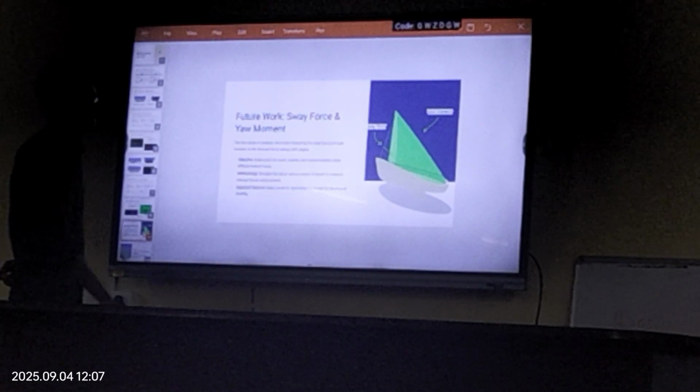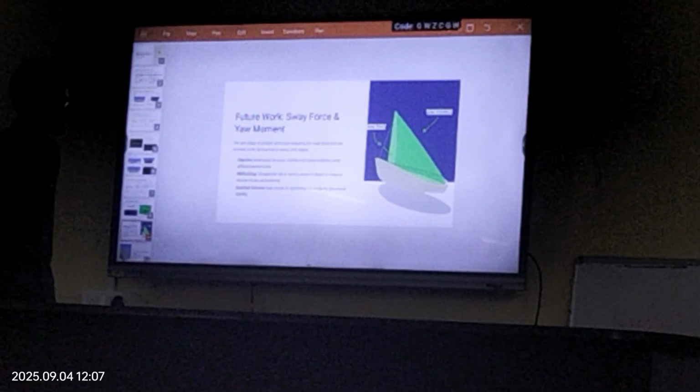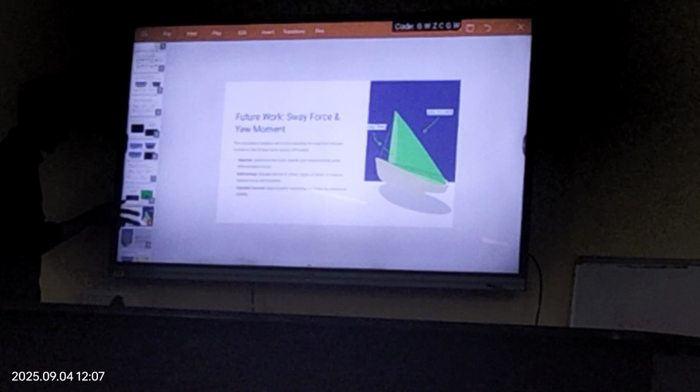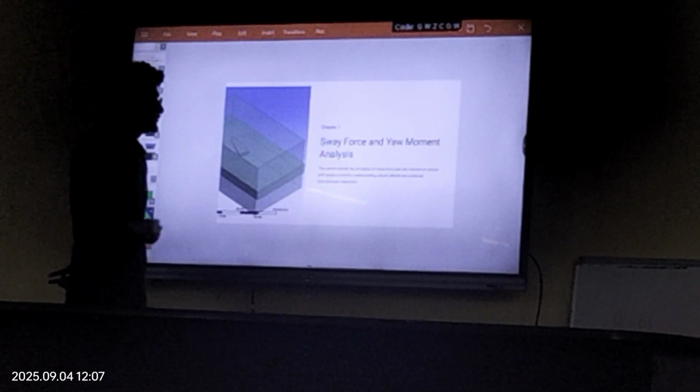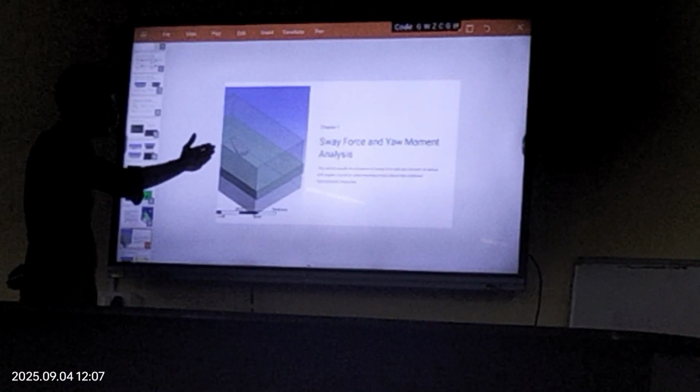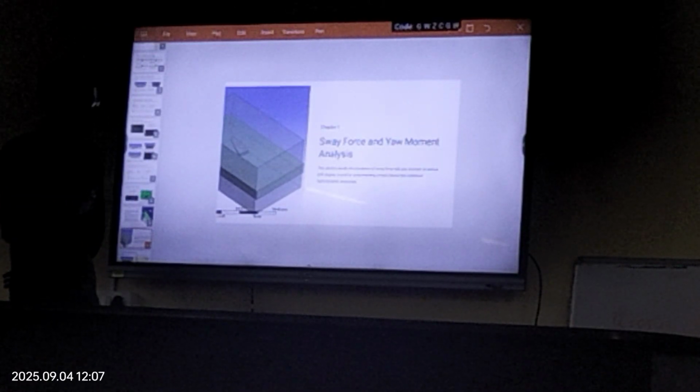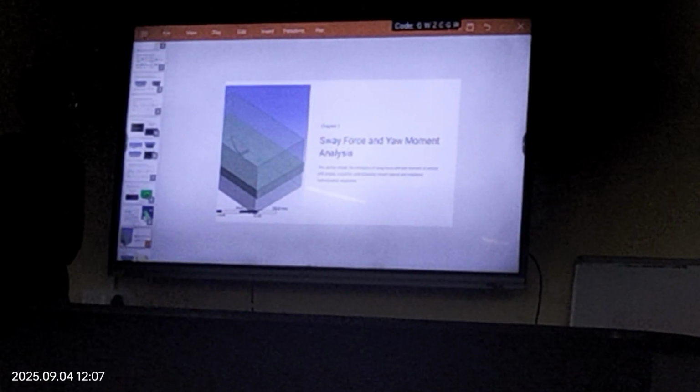This was to calculate the sway force and yaw moment of the 3D board. Here we have shifted the board to different angles to calculate the sway force and yaw moment.